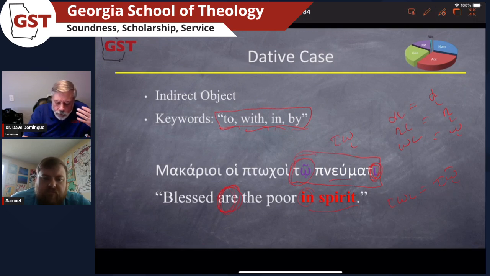A Greek hearer would know automatically that makarioi hoi ptochoi tō pneumati would be blessed are the poor in spirit. They would hear that, but the verb itself is not there, and so we insert an implied verb. This happens to be one of the to-be verbs, like is, was, are, etc.